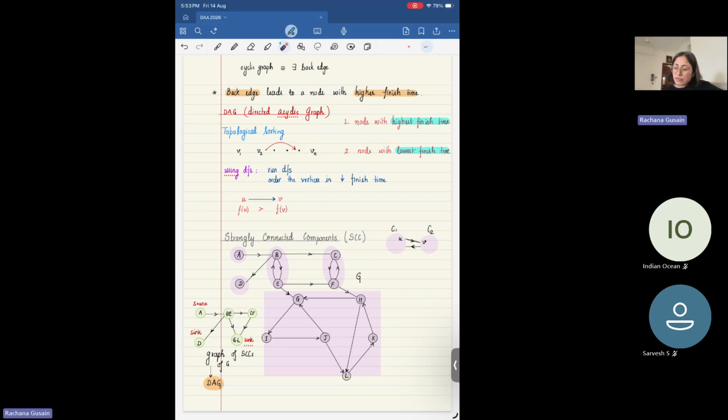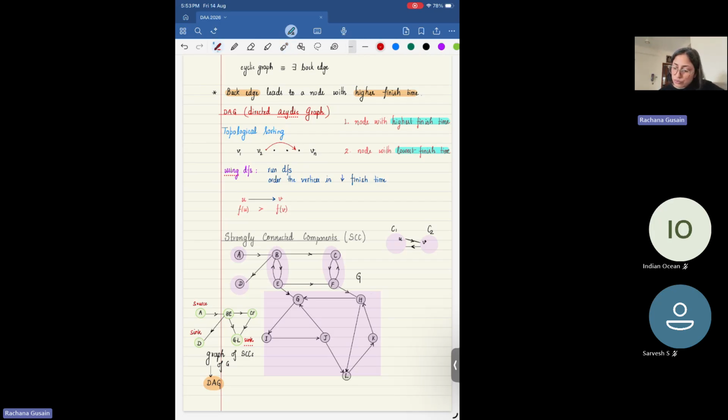Similarly, if you look at the last vertex in the order, there won't be any outgoing edges from the last vertex, so it has to be a sink vertex. All the edges are incoming to Vn. So it must have the smallest finish time. So source will have not just the higher, it will have the highest.